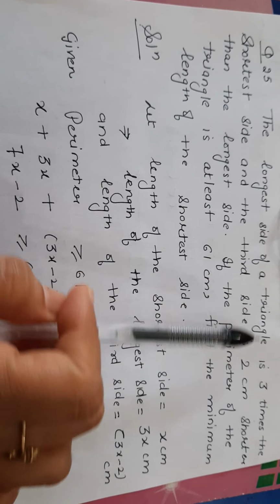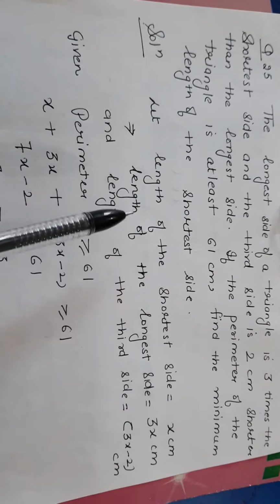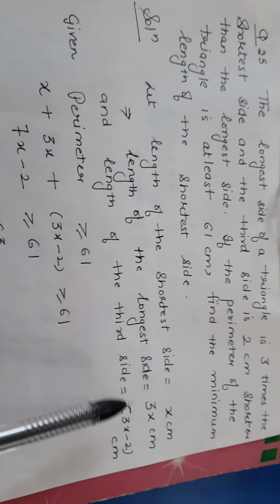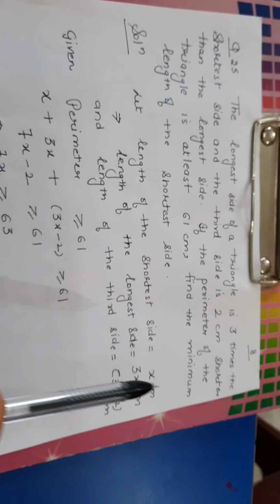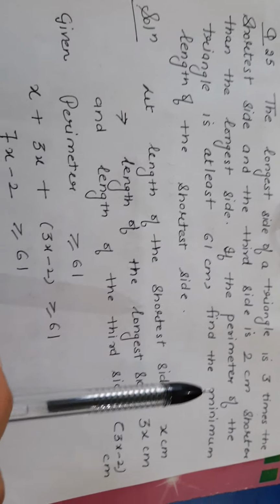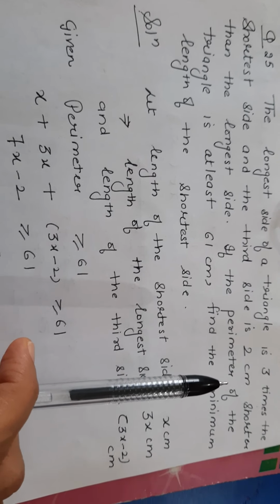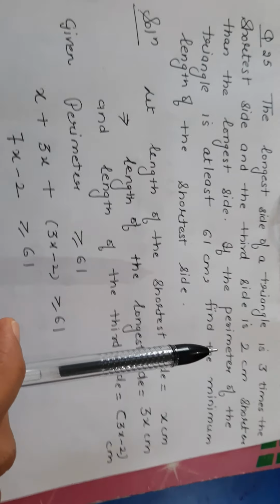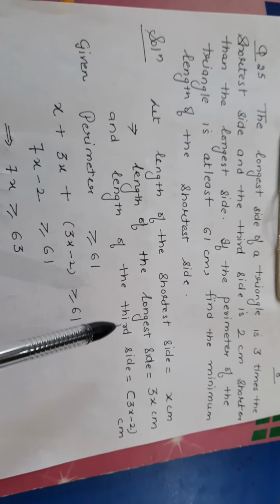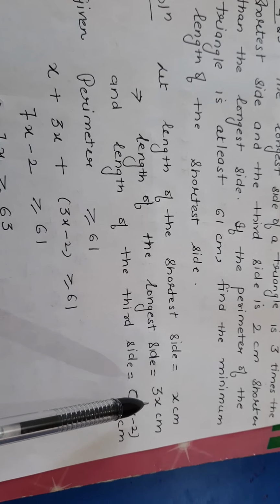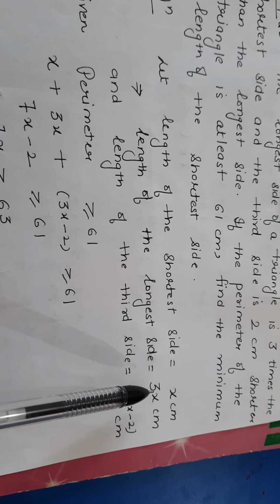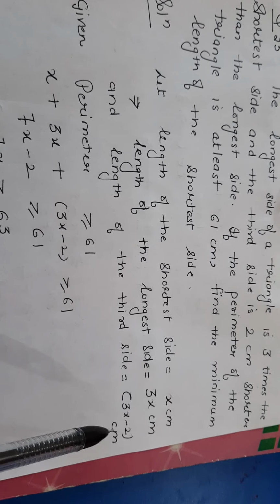The longest side is 3 times the shortest side, so the length of longest side will be 3x centimeters, and the third side is 2 centimeters shorter than the longest side. So the length of third side will be 3x minus 2 centimeters.